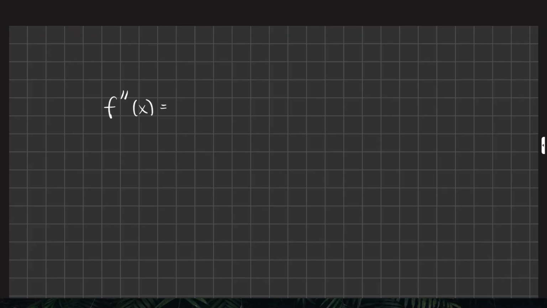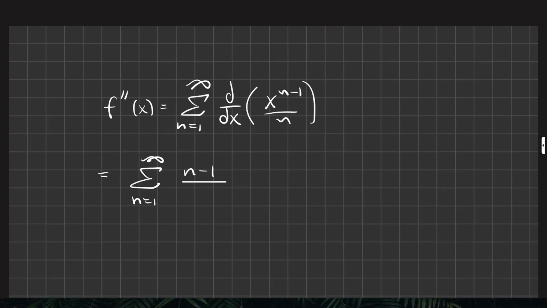So we're going to differentiate the series again. So we have the sum from n equals 1 to infinity of d dx of x to the n minus 1 over n. This is just the series from n equals 1 to infinity of n minus 1 over n times x to the n minus 2. Okay, now the n equals 1 term is 0 because n minus 1 over n equals 0.